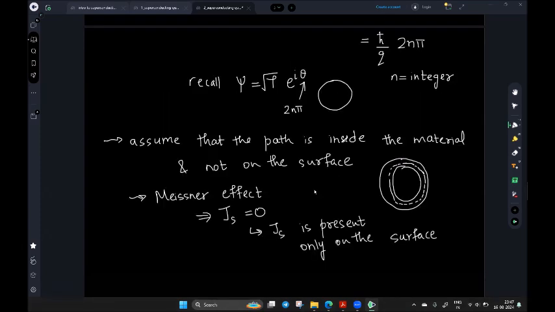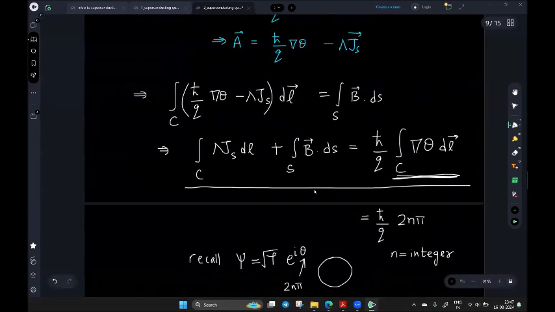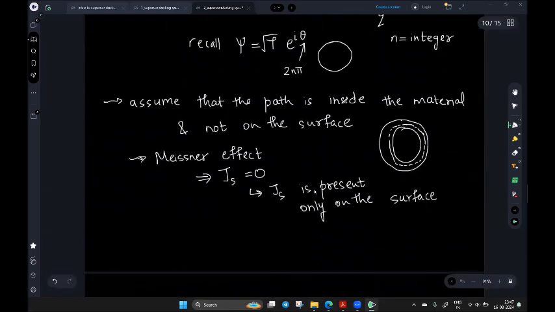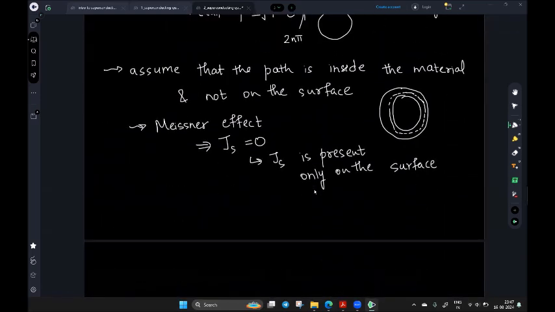Next, I'm going to write this underlined equation again, and point out something important. We have just stated that Js is zero inside the superconductor.